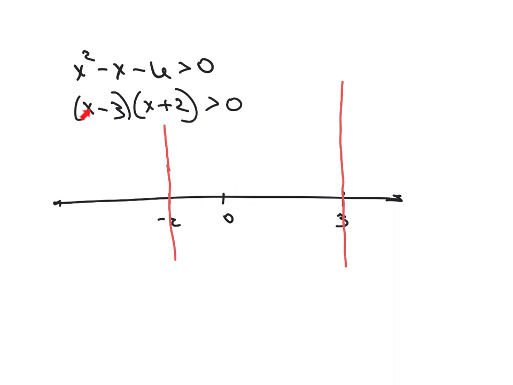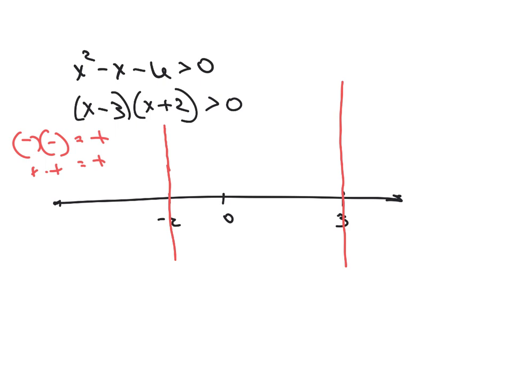Well, in order to multiply two numbers to get a positive, there's two different options. A negative times a negative gives me a positive number, or a positive times a positive gives me a positive number. So those are my two options there.